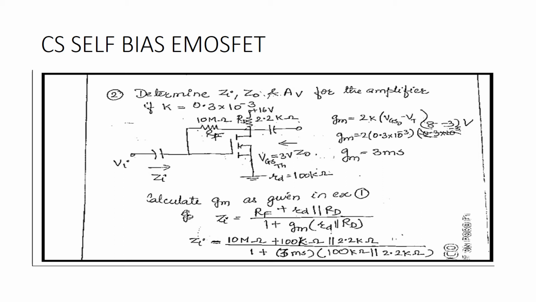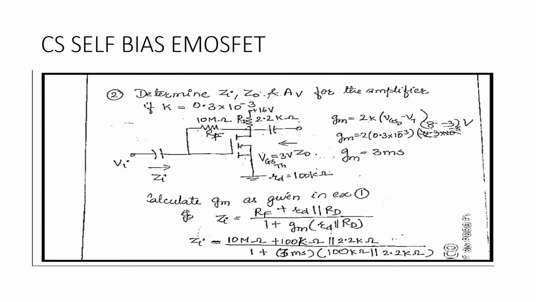So first find out gm. gm is equal to 2K into (VGS0 minus VT). So gm comes out to be 3 millisiemens. RD is given from the data sheet, or it has to be provided by the person giving the problem. So RD is equal to 100 kilo ohms.